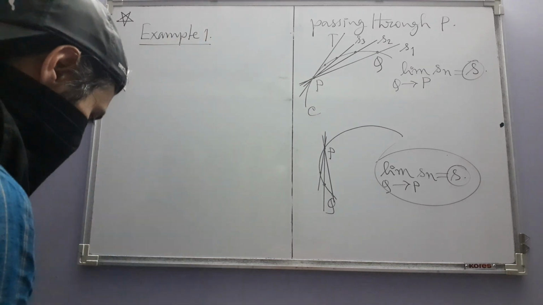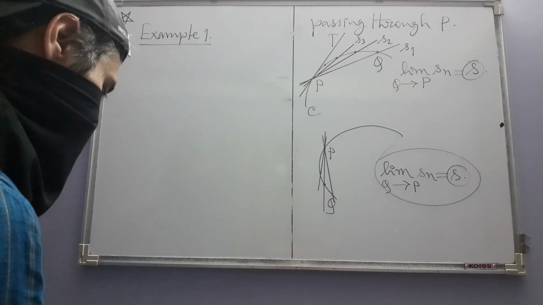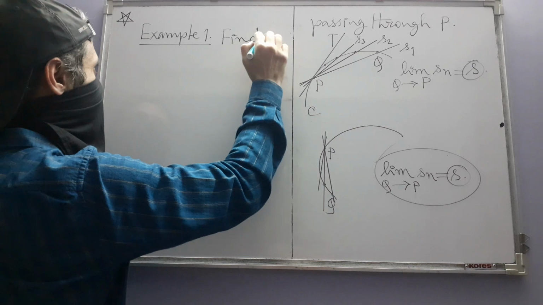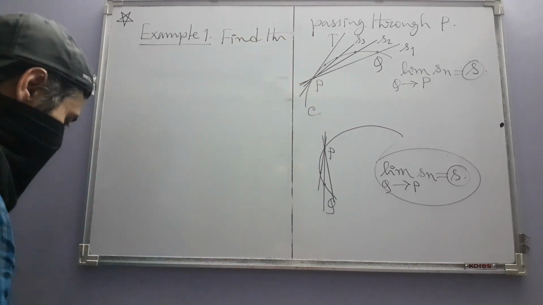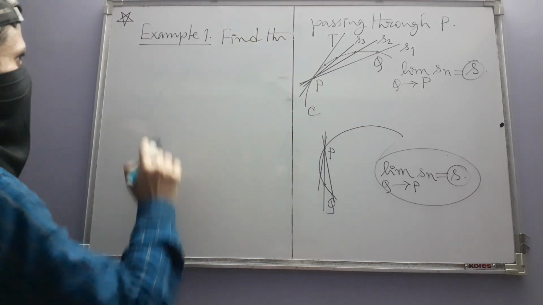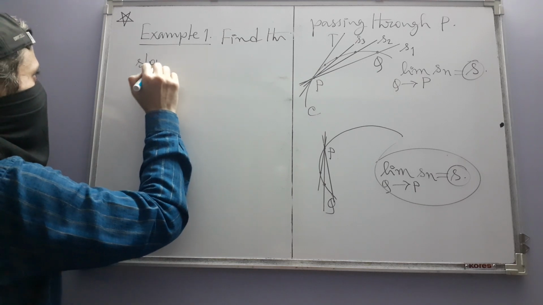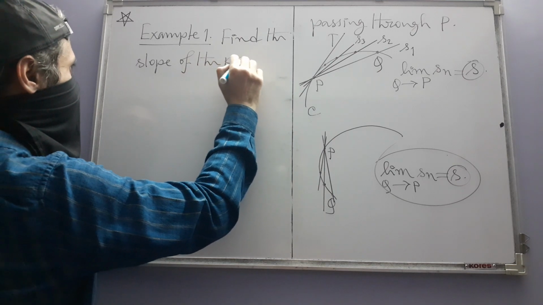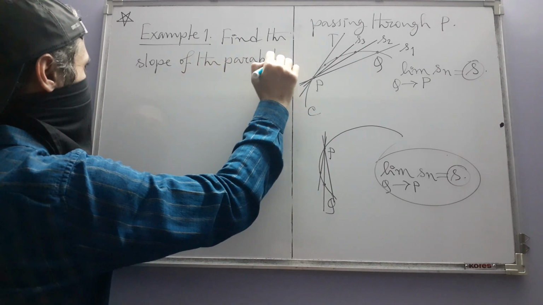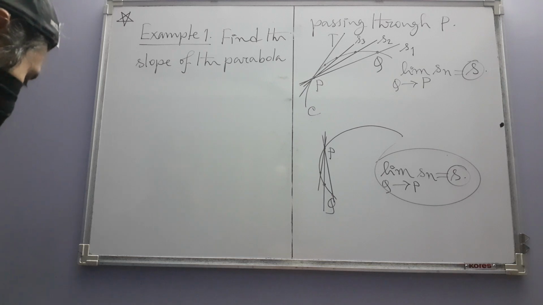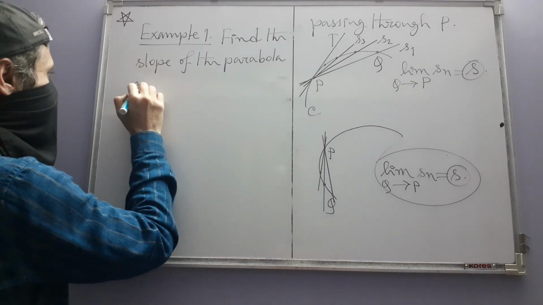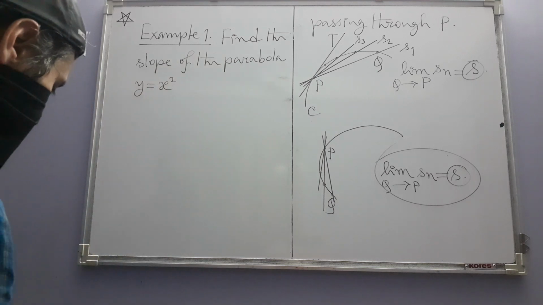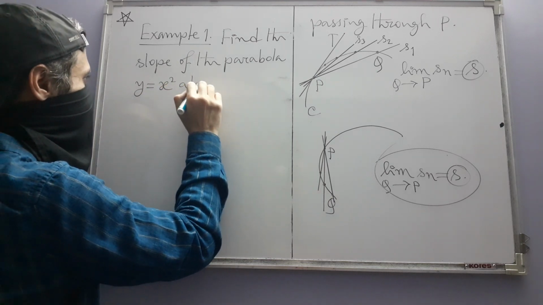And in this example, we are going to see a parabola. Find the slope of the parabola. Okay, there is something else also that needs to be made clear here. Let me first write down the example statement and then I will explain.